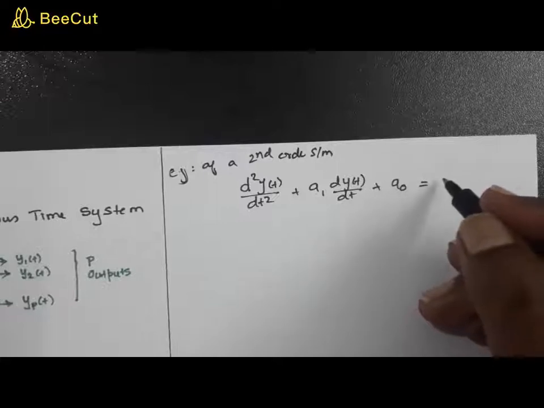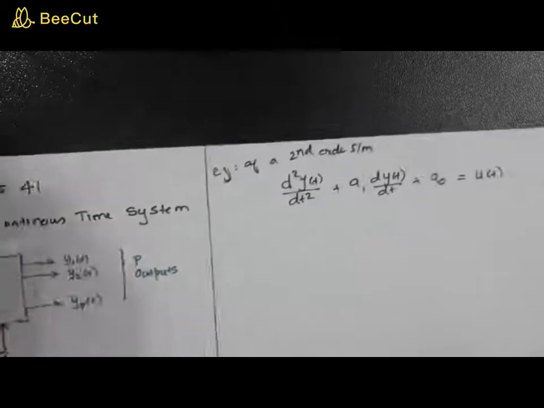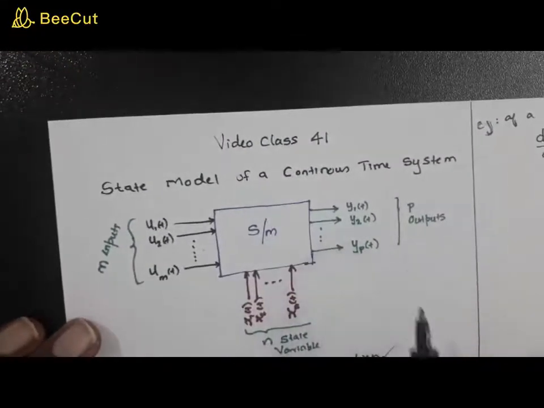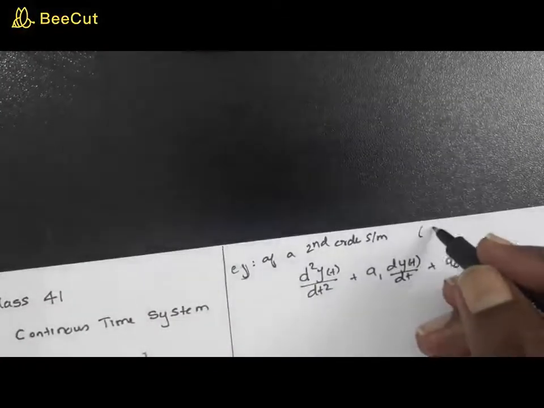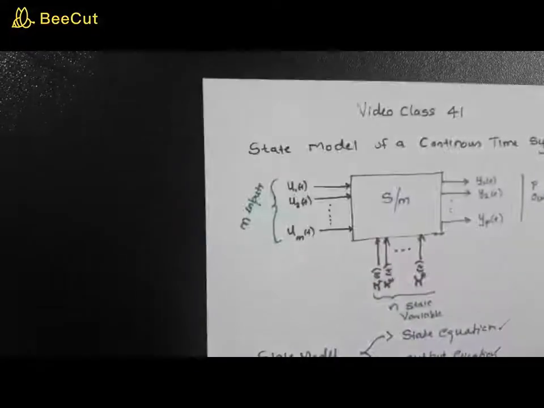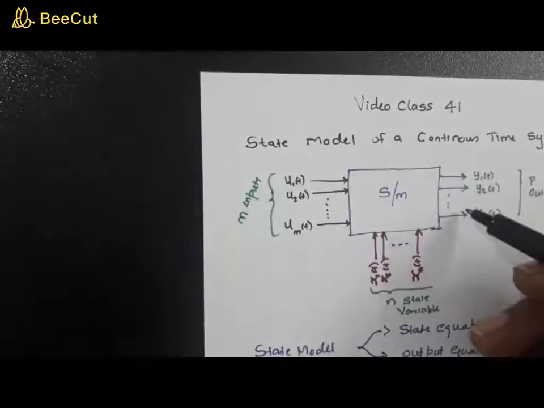is equal to, say, the input, because I'm using exactly the same notation as I have used in this block diagram, but the difference is this is a single input. So I'm just giving you an example of a single input single output system, while this one is a multiple input and multiple output system.